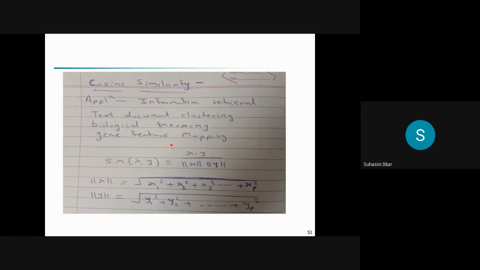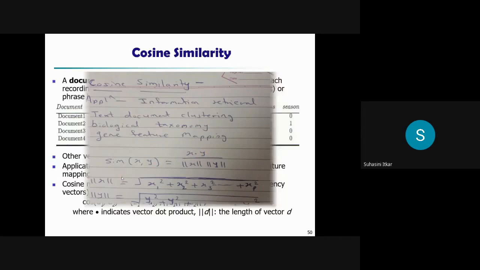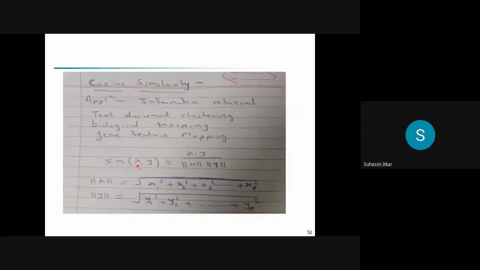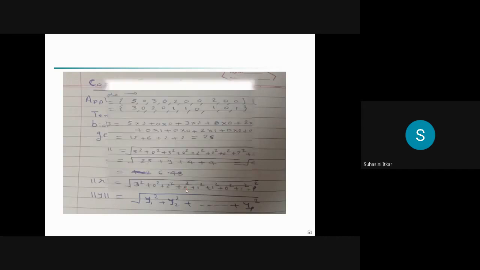For the similarity calculation, what we discussed is mentioned here as well. The dot product of two vectors, there it is d1 d2, here it is x y, and the lengths of the vectors are x and y.